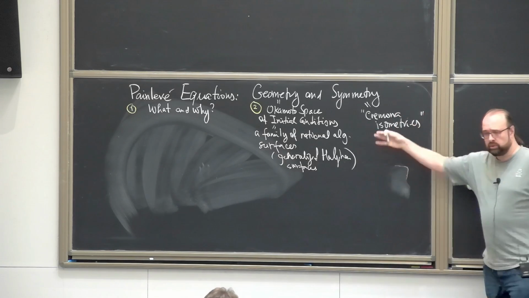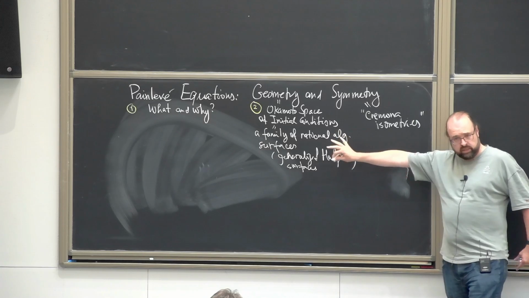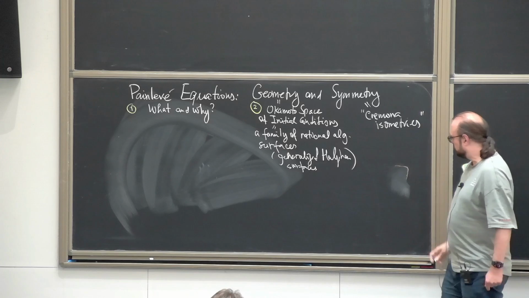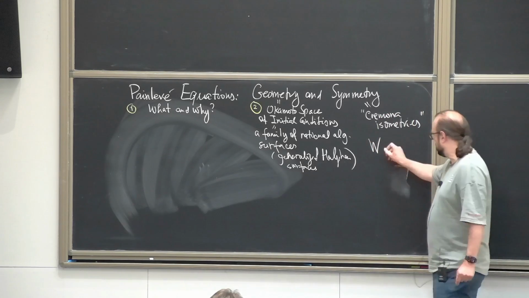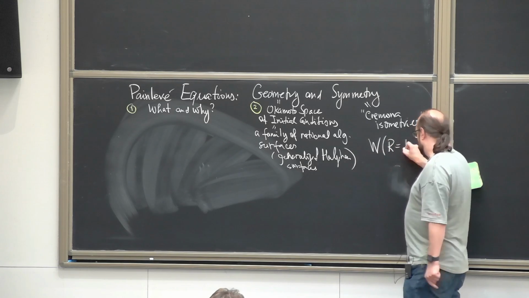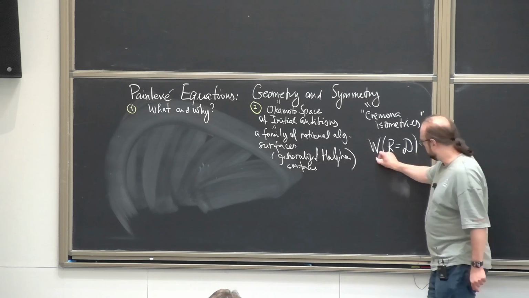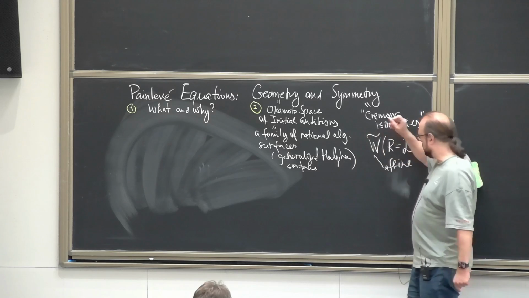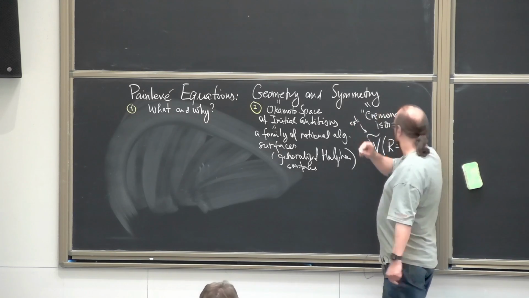So these Cremona isometries are associated with the surfaces here, and the group structure of Cremona isometries in this case would be some Weyl group associated to some root system or some Dynkin diagram, and this Weyl group would be affine and also extended. Okay?